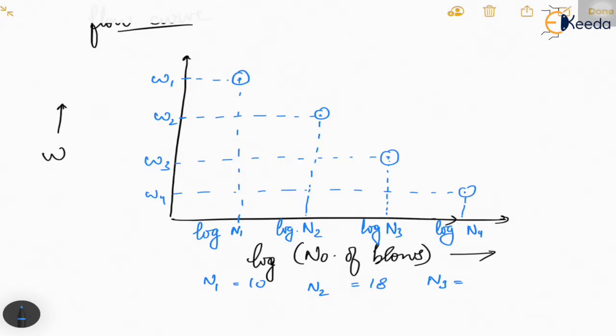For N3 the value may be around 27. For N4 let us take a value of maybe 36. So we obtained different values with our experiment conducted over the Casagrande apparatus. We found them and we plotted the curve.